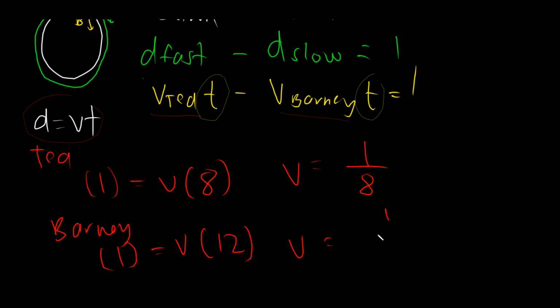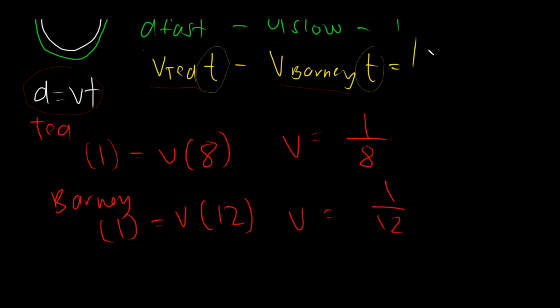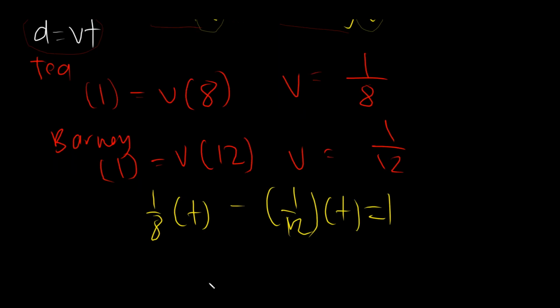So, his velocity is 1 over 12. So, just substitute into the previous equation. We get 1 over 8 times t minus 1 over 12 times t is equal to 1. So, solving for t, we get 24 minutes.